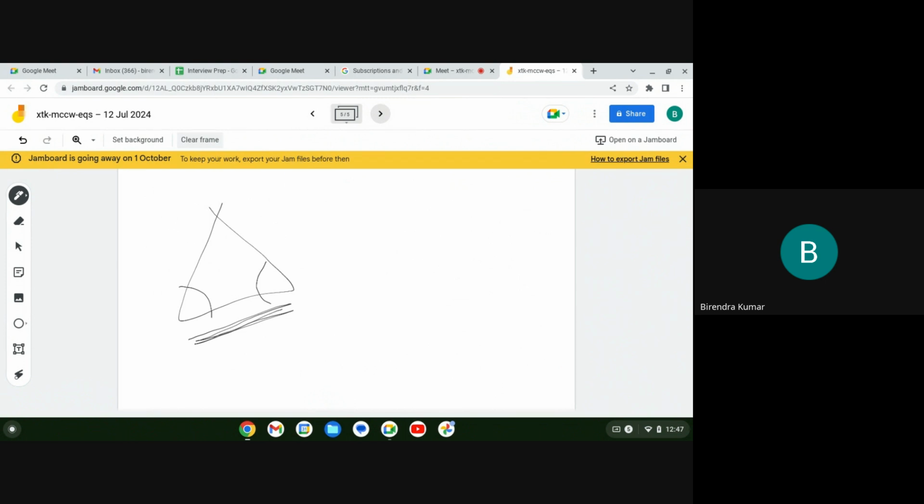We'll try proving that in the next class. We'll not worry about ASA and RHS in this class. We want to go slow. I'll give you some homework so that you can solve a few problems with SSS and SAS, and then we'll come to these two theorems.